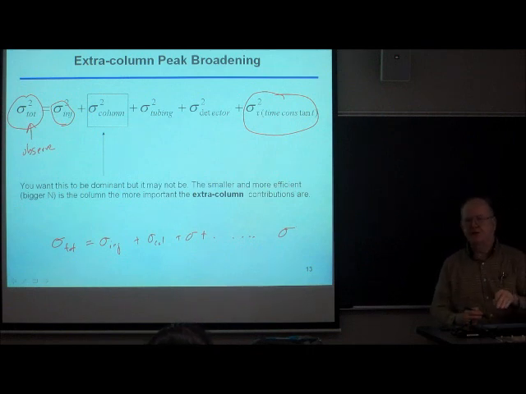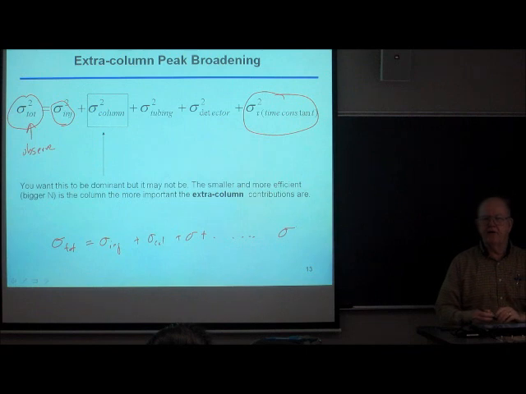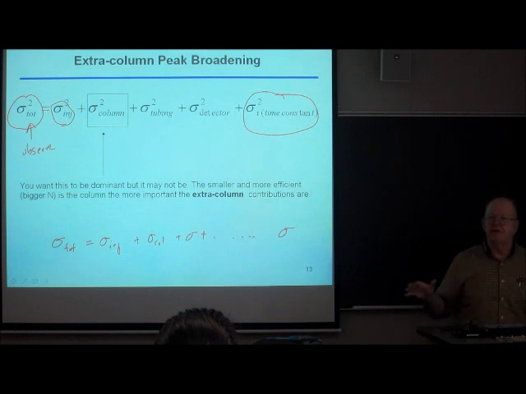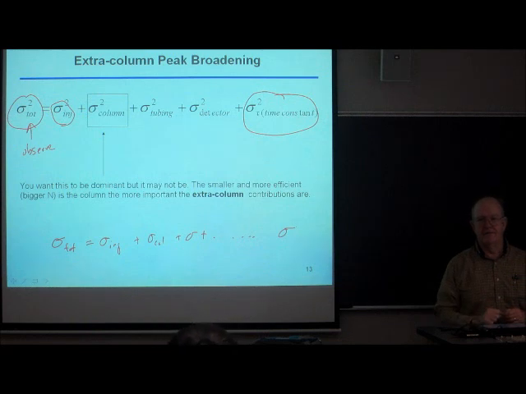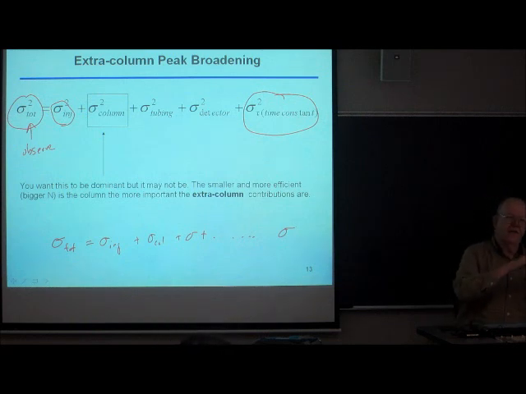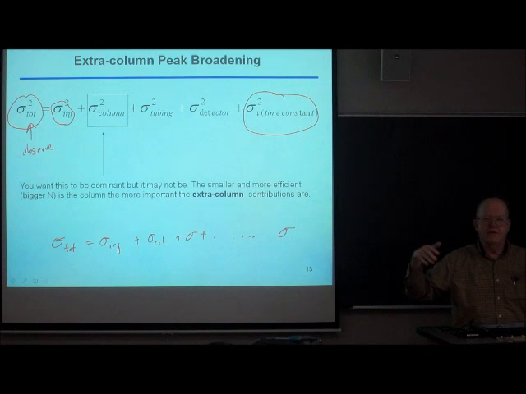Now, imagine that one of these sigmas is 10 times bigger than any other sigma. Well, the 10 gets squared. So even though you have 4 or 5 other sigmas and they're all 10 times smaller, their square amounts to about 100 times smaller.